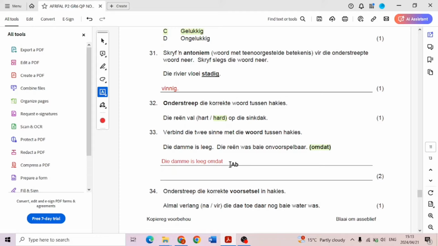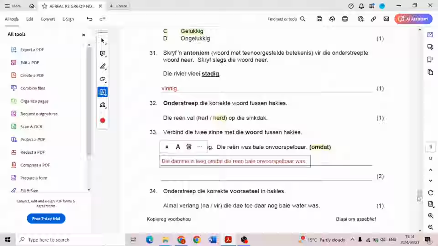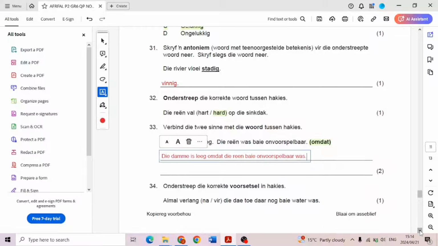So die damme is leeg omdat, okay, shift, omdat die reën, remember that sign there, baie onvoorspelbaar was. That's our verb at the end of the sentence. So they'll give you 2 marks, one for shifting this and the other one for adding the conjunction.